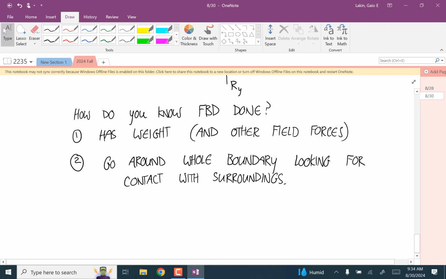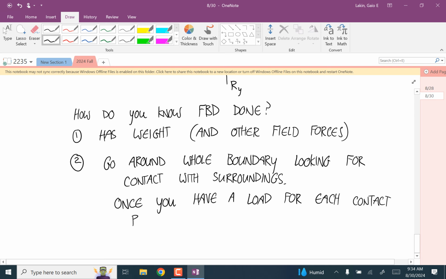Once you have a load for each contact point, you're done. Okay, so I think this can be a helpful thing to remind yourself when you get into complicated problems with a lot of stuff going on.